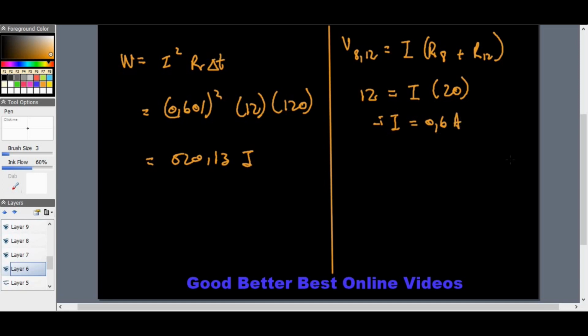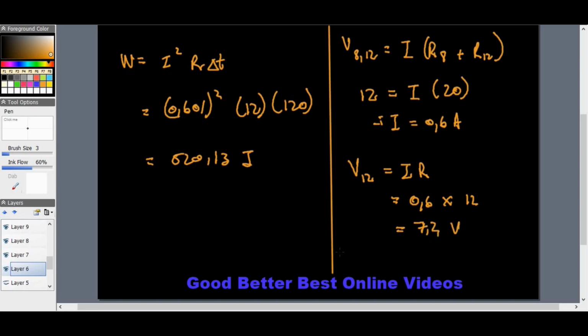So now the voltage going through the 12 ohm resistor would be equal to I times R. The current going through the 12 ohm resistor is 0,6, because the same current goes through resistors in series. It doesn't split like with a parallel circuit. 0,6 times 12 gives me a total voltage of 7,2 volts.